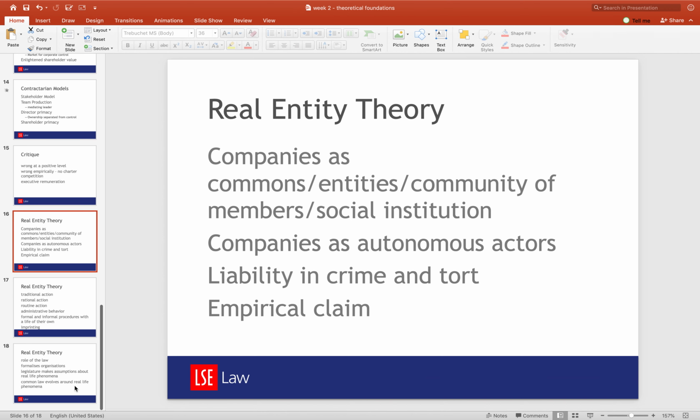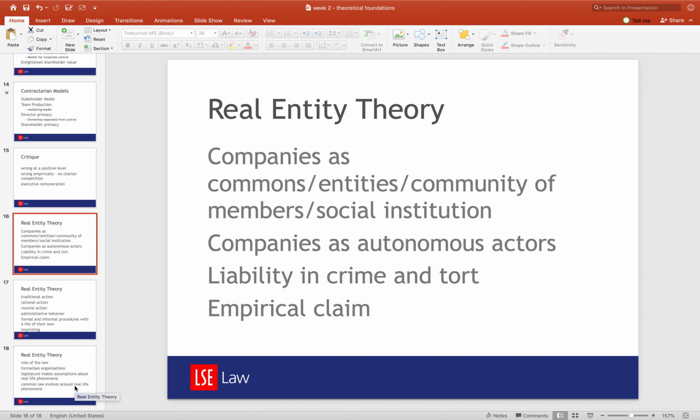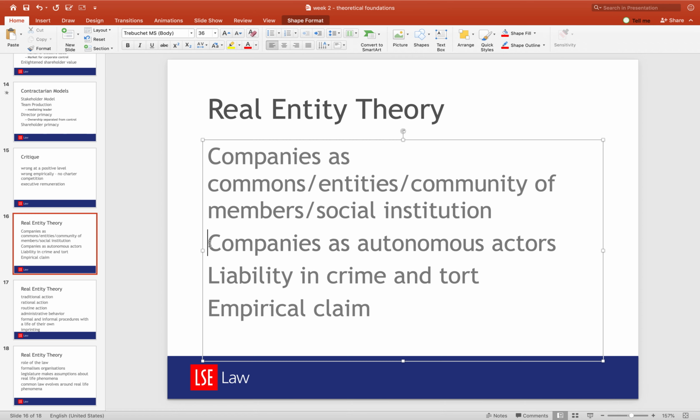And then there's a question that I'm looking at the moment in my research, and that is, how far does the idea that companies are organizations take us? Is it right to say that companies, so that's a focus away from the participants and their incentives, but a focus on the company as an organization, and so companies as autonomous actors, and the idea is that they are more than just an aggregation of the contributions.